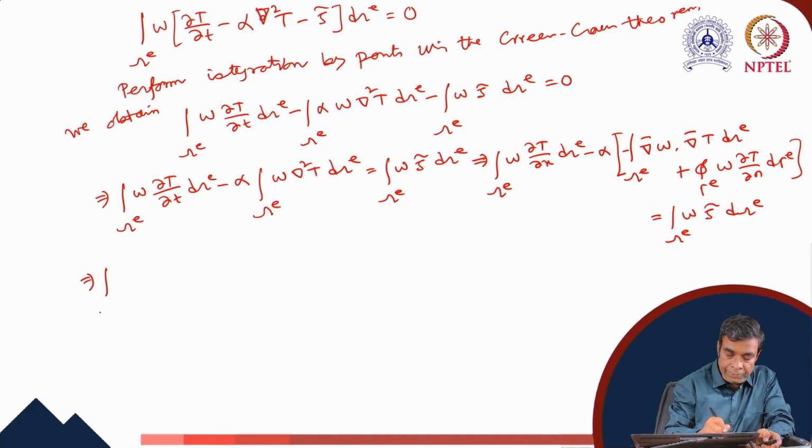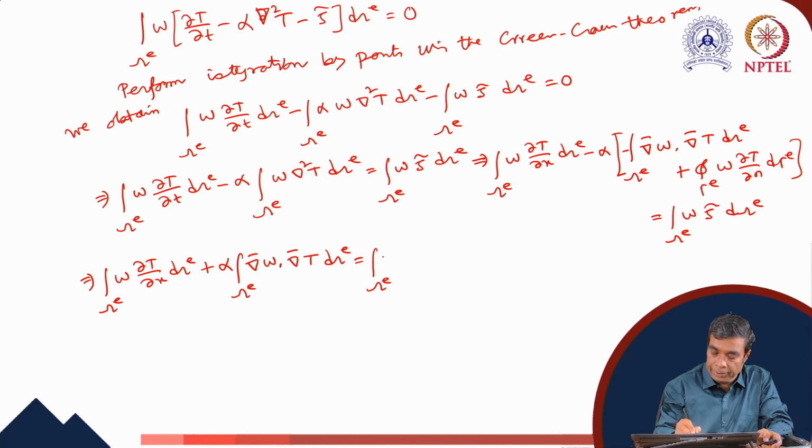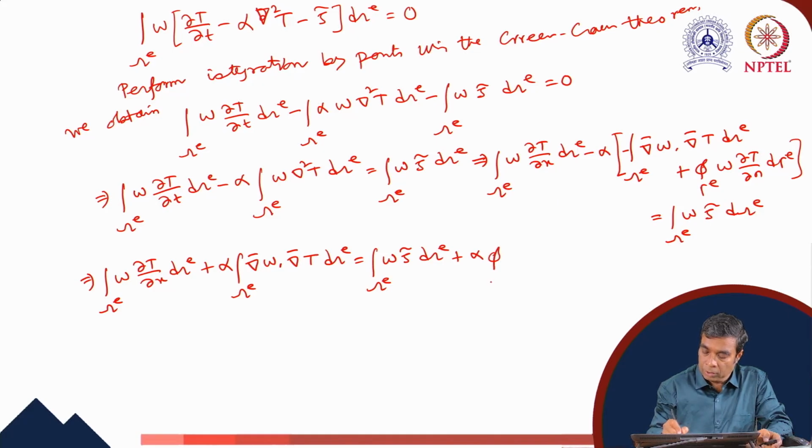This can be written as integration over omega e w del t del x d omega e plus alpha into integration over omega e gradient of w dot gradient of temperature d omega e equals integration over omega e w s tilde d omega e plus alpha into boundary integral over gamma e w del t del n d gamma e.